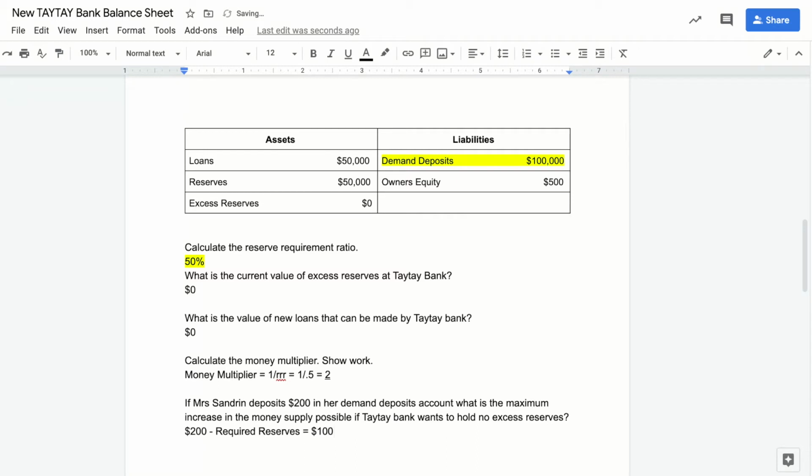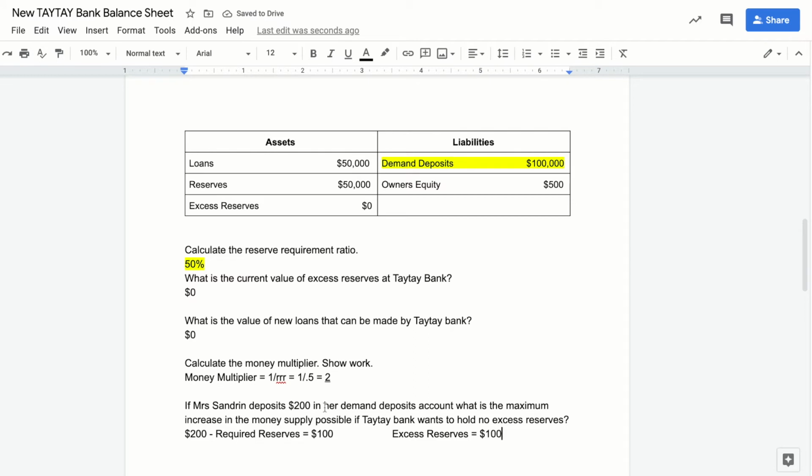That means my excess reserves have now increased to $100. The required reserve ratio is 50%, so I'm required to hold on to $100, 50% of that $200. I can loan out an extra $100.